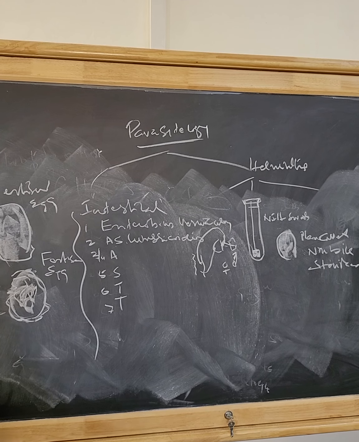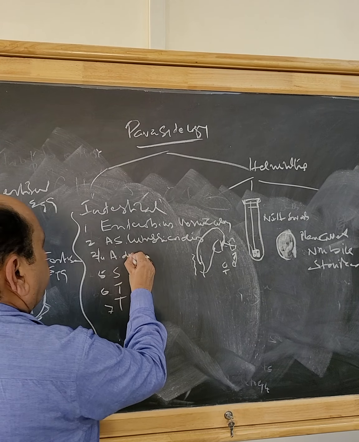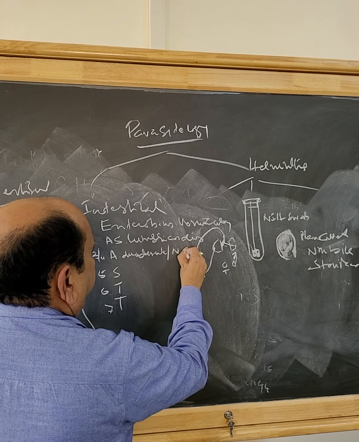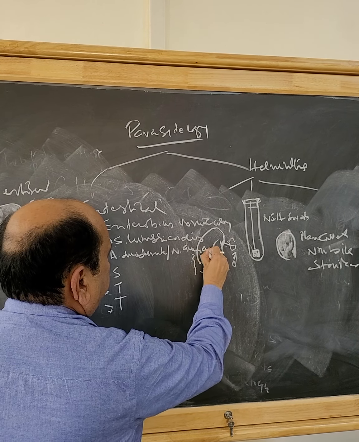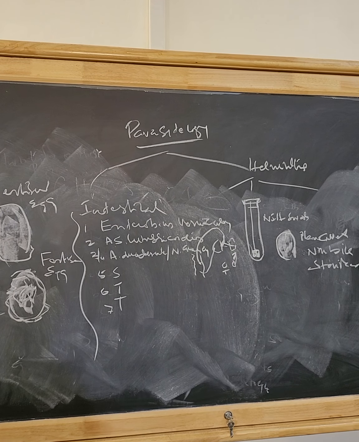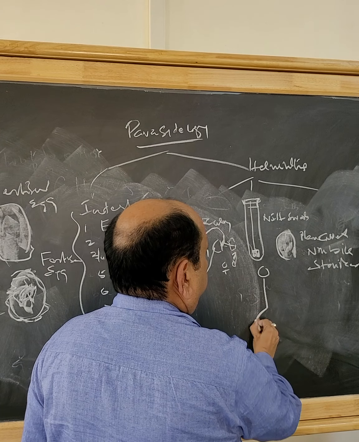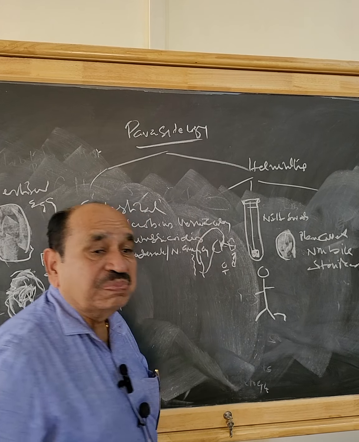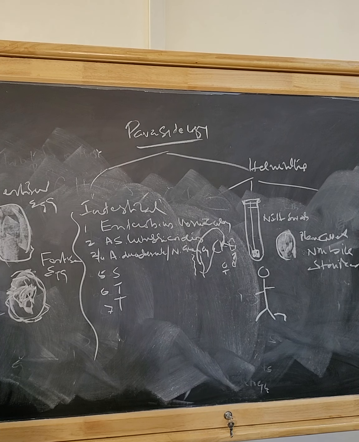Okay. Next is Ankylostoma duodenale, Necator americanus. Man gets infected when he walks barefoot on fecally contaminated soil.